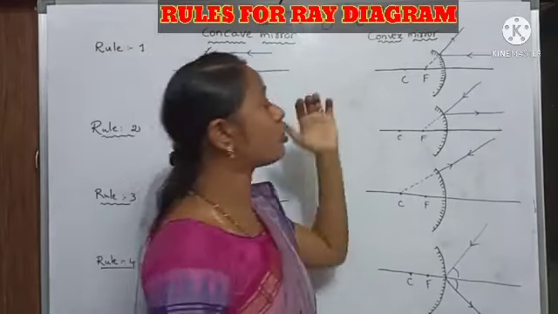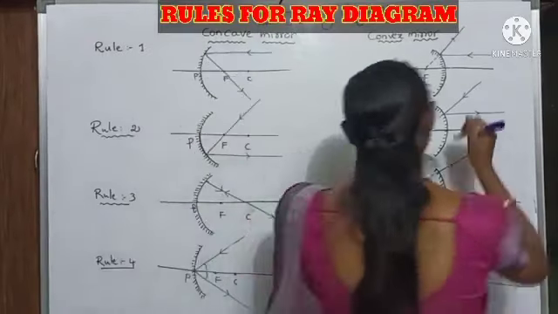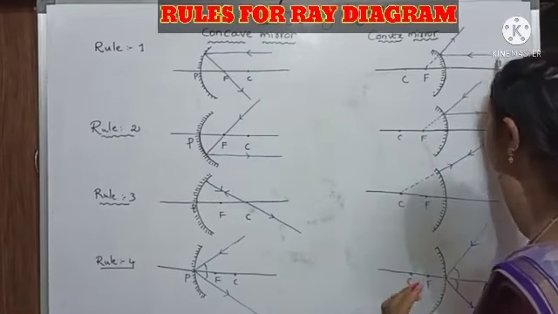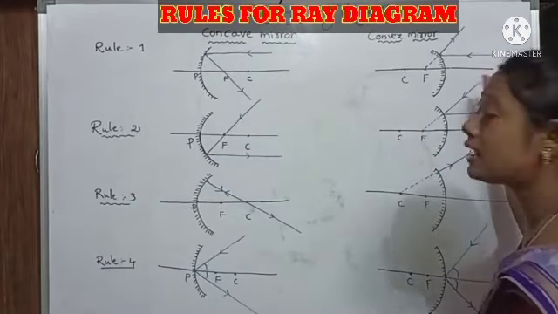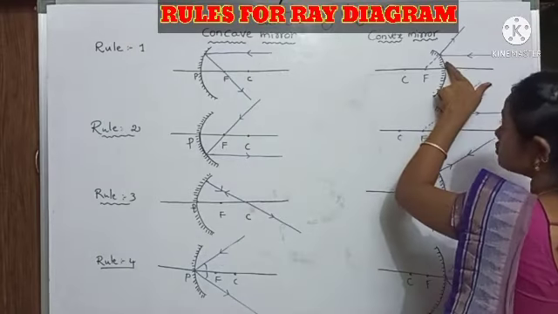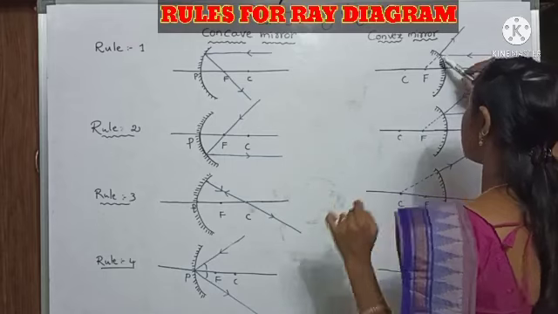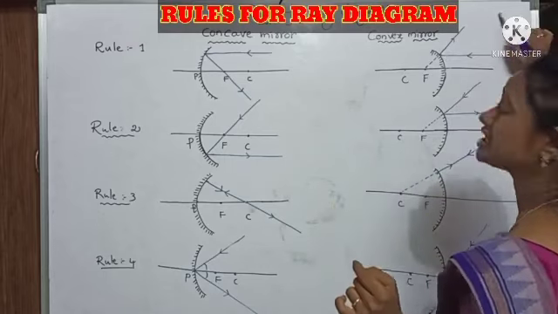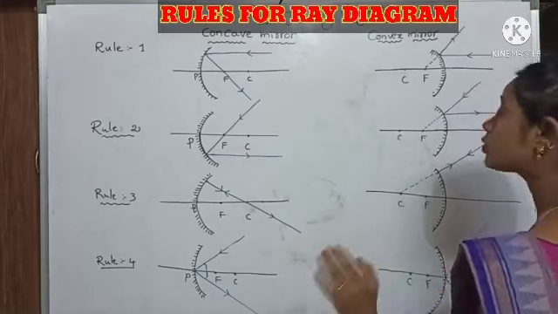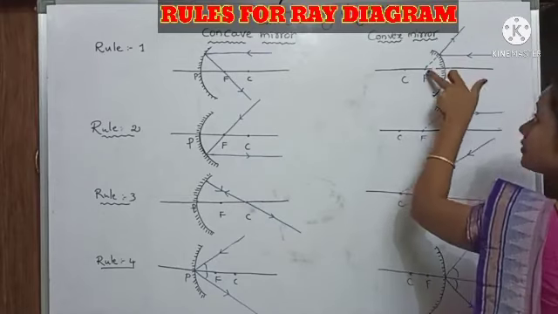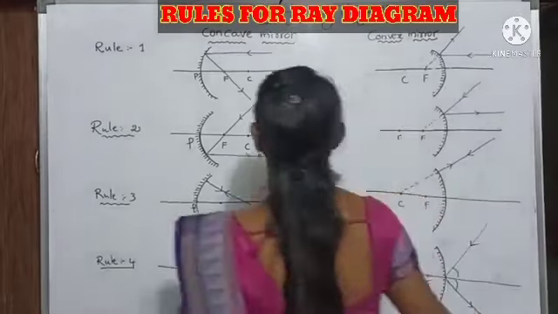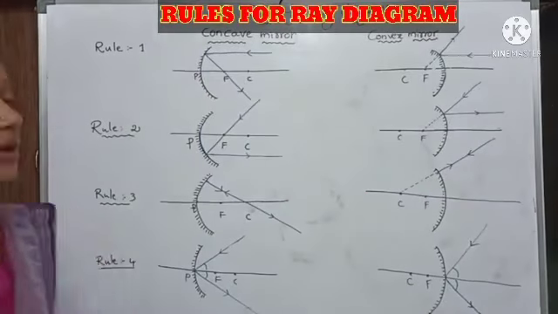When we come to the convex mirror, when the light ray is incident parallel to the principal axis on the reflecting surface, the light just diverges, and it looks like the light is coming from the principal focal point.